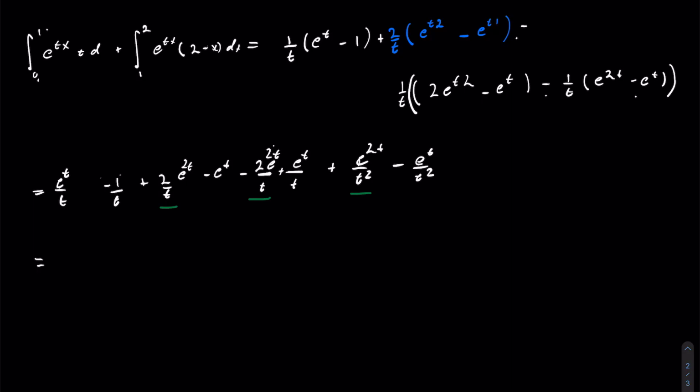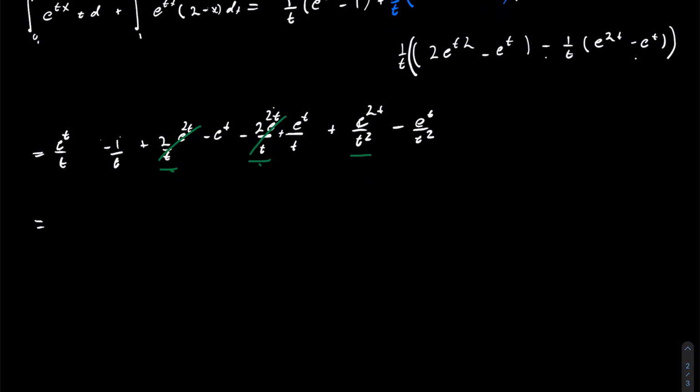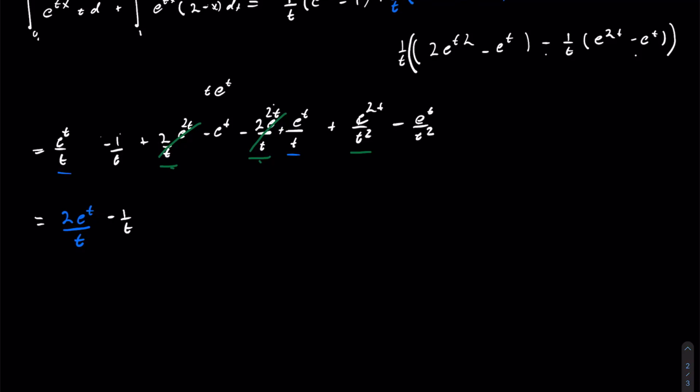So this and this cancel, okay, this cancels, and this cancels, right? And we have that, and that becomes 2 e to the t t, and then we have just a minus 1t, and this we can write like e to the t, t2.